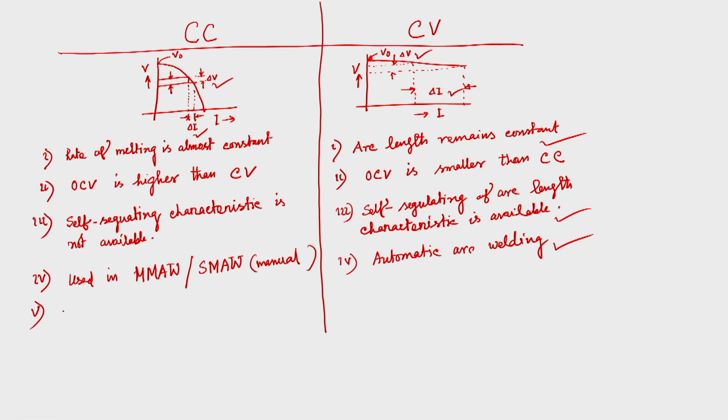Constant current is also used for non-consumable electrode processes, that is GTAW or plasma arc welding, where a non-consumable electrode is used.